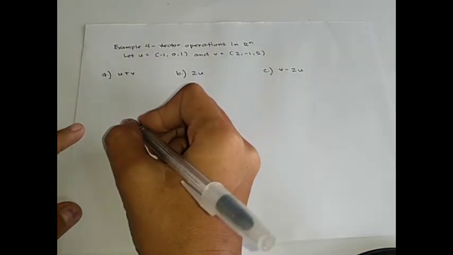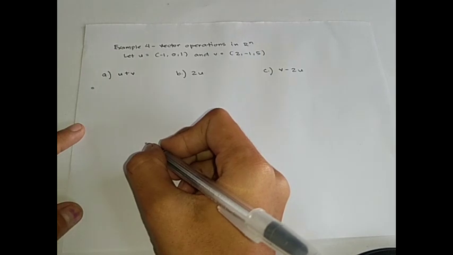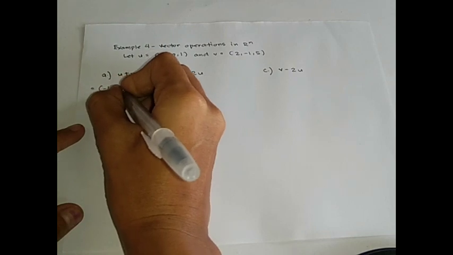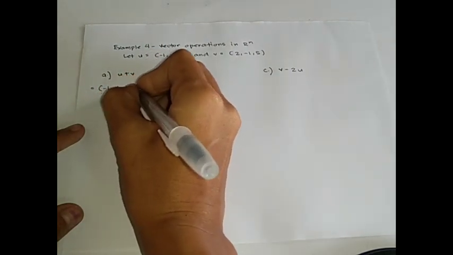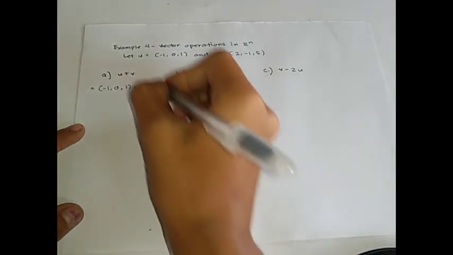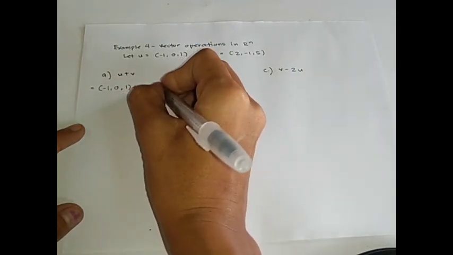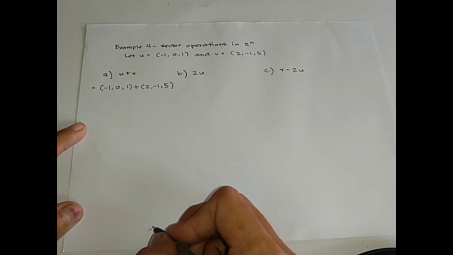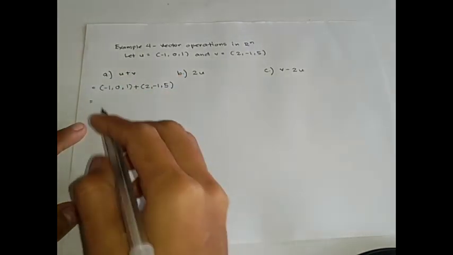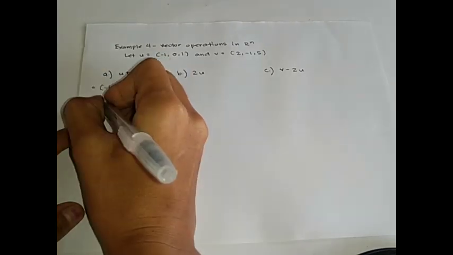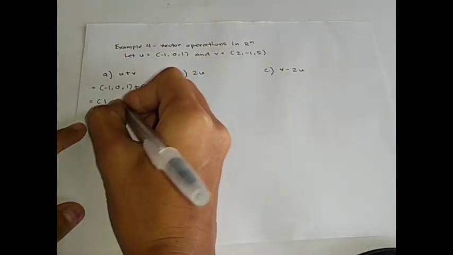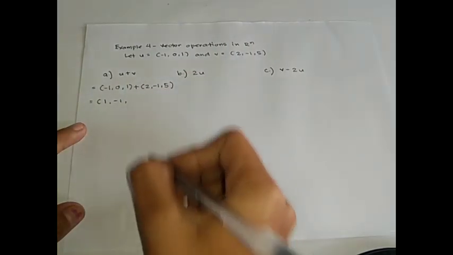So U plus V is equal to, substituting the value for U, (-1, 0, 1) plus the value of V, which is (2, -1, 5). Then we will add their corresponding components. So -1 plus 2 is equal to 1. Then, 0 plus -1 is equal to -1. And 1 plus 5 is equal to 6.